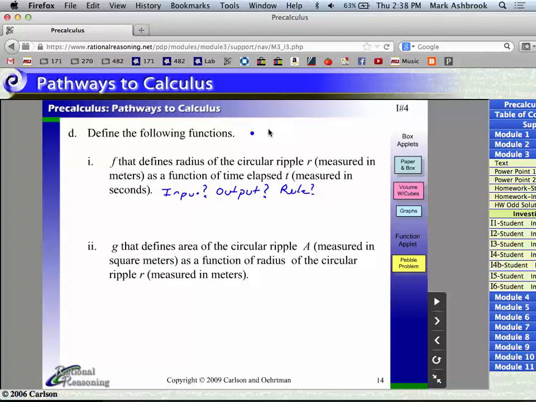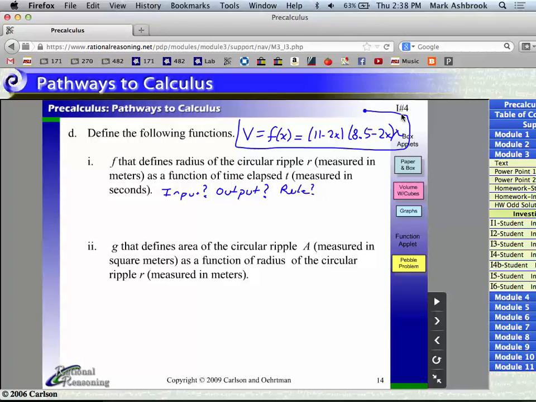Oh, we're not sure. Okay, so how about our V equals, remember the volume of the box. So it was f of x. And what was it? 11 minus 2x, 8.5 minus 2x. So that's a function definition, okay? That was our function definition.